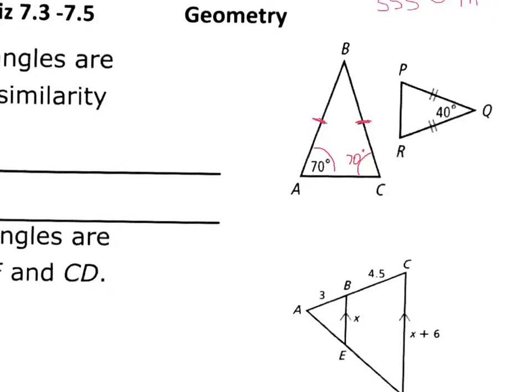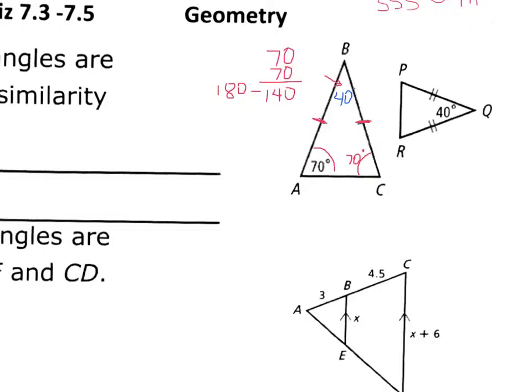So to find the measurement of angle B, all you gotta do is add both angles and then subtract that sum from 180. So the measurement of angle B is 40 degrees. As you can see, you have an included angle that is in between the two sides.